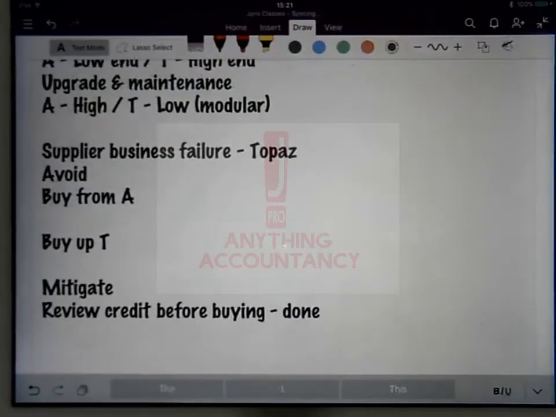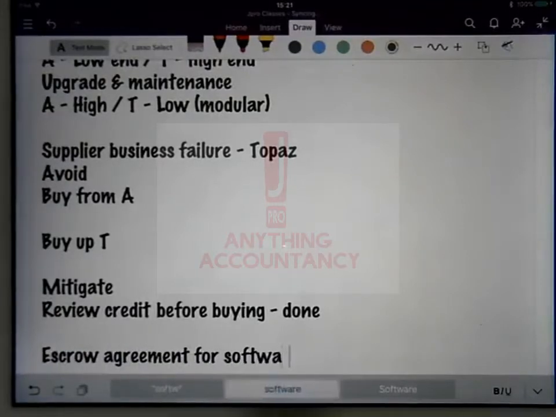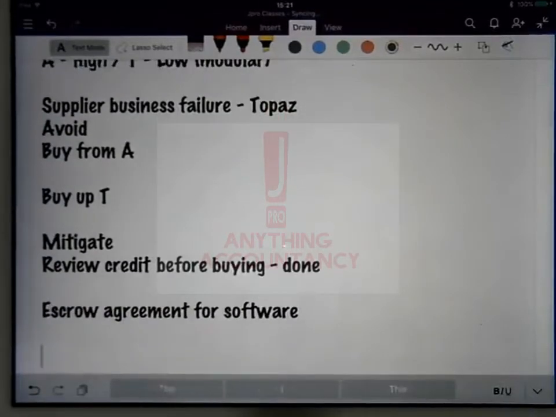Anything else after that? How else to mitigate? Anything else you can say? Mitigate.